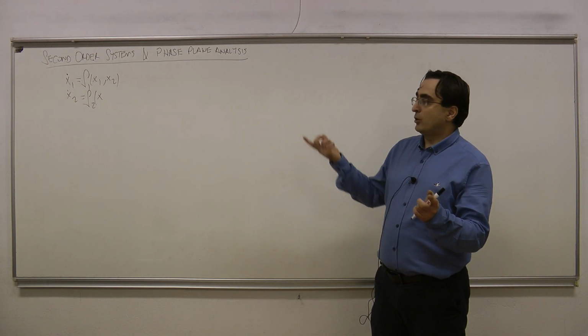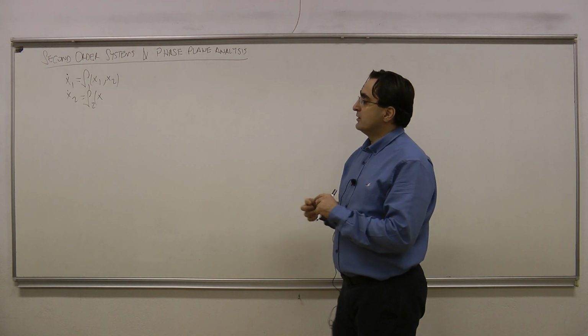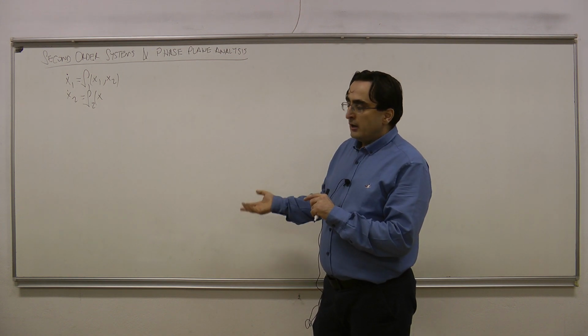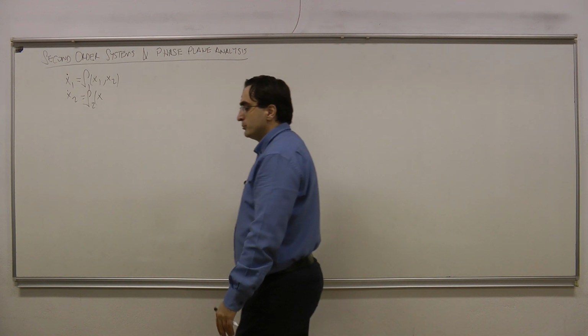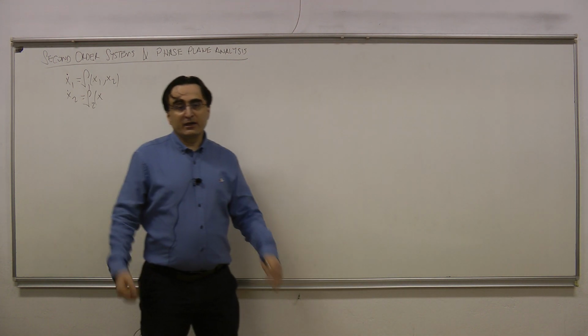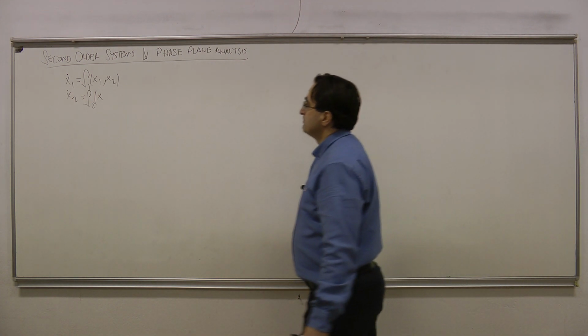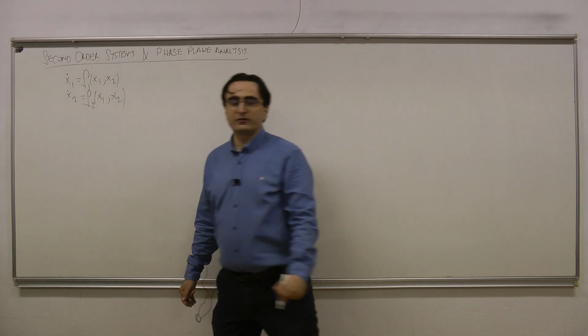So if you would like to draw the trajectories of a time invariant second order nonlinear system like this, which also contains an input term, then we can do it by first converting that system into an autonomous system by setting the input to a constant. Okay? So I have here an autonomous second order system.